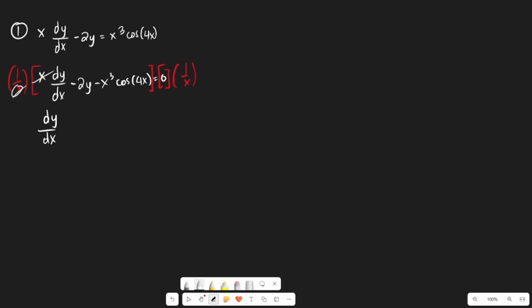We can make this whole 2y minus x cubed cosine 4x into one fraction, so we factor out the negative sign and place it right here, making a very big fraction with a denominator of x. Then we write 2y plus x cubed cosine 4x is equal to 0.